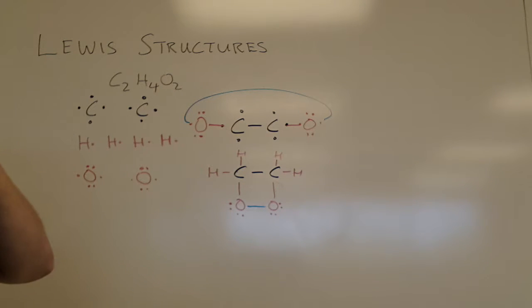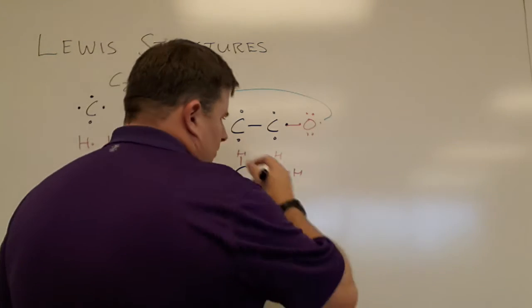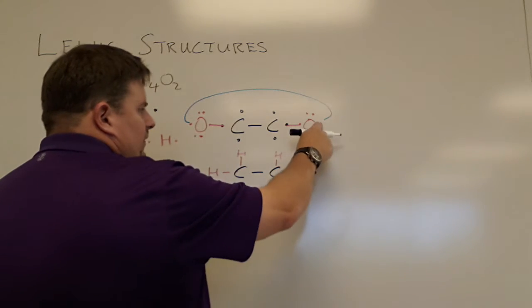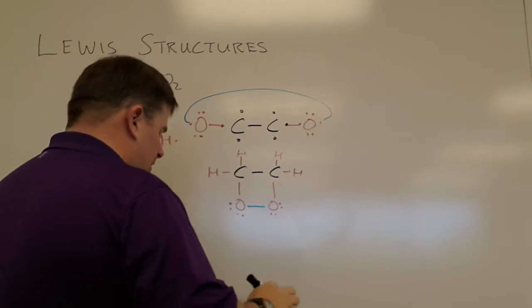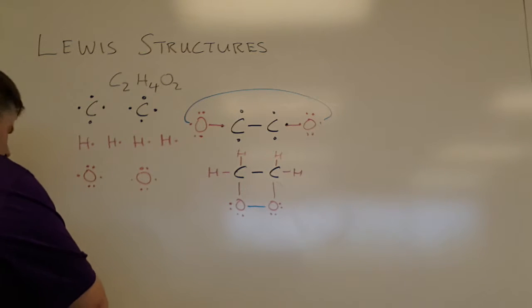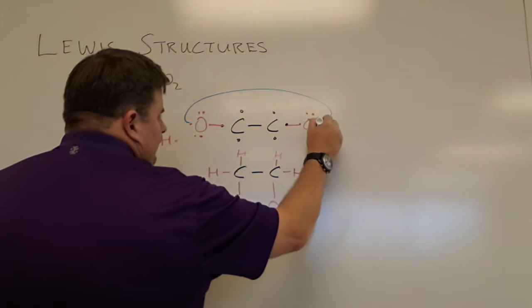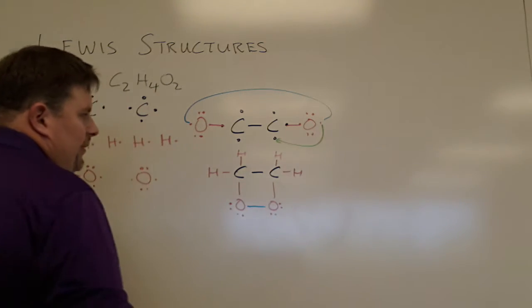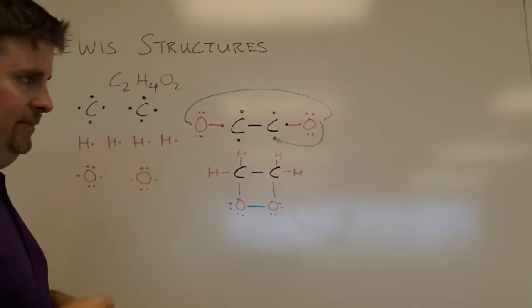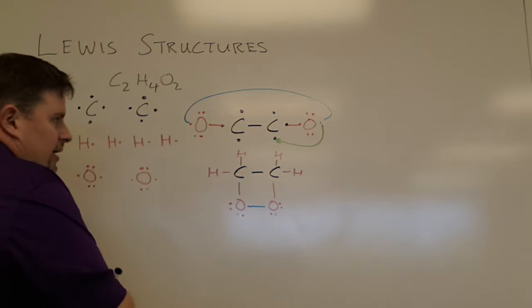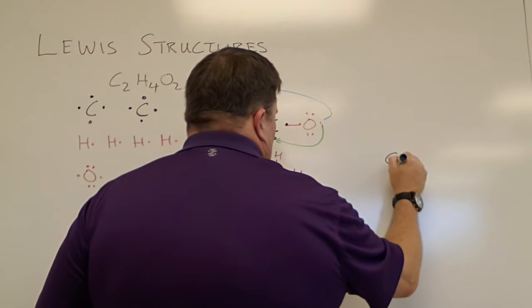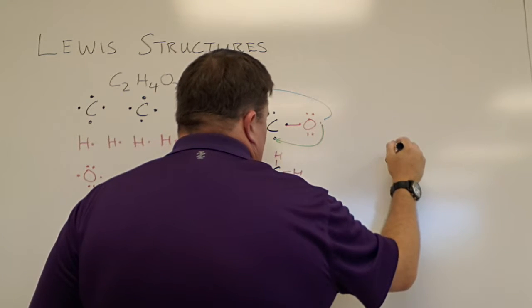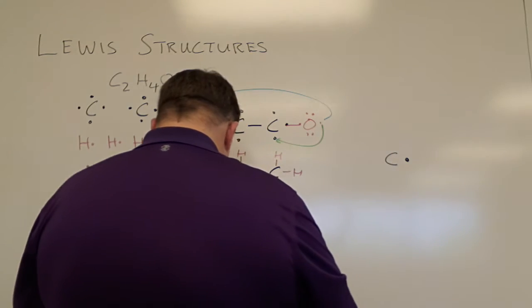All right? And what I'm going to do is do something with one of these electrons and one of the electrons in the carbon. So in this case, let me use my green here. I'm going to move this electron here, and I'm going to do something called a double bond. So I'll show you what that looks like here. So I've got a carbon, okay, and I've only got one electron here.